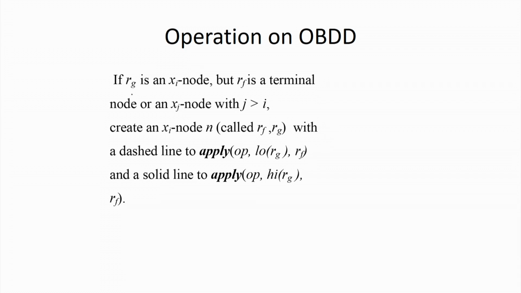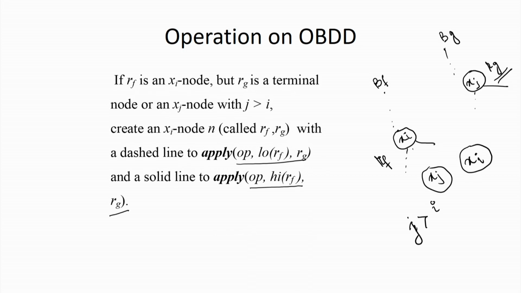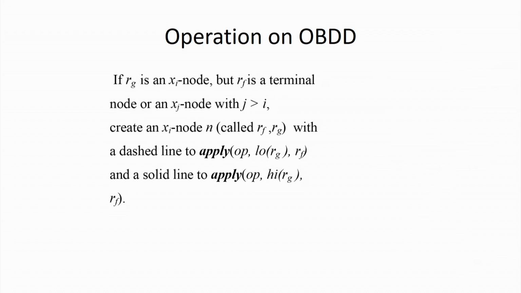So, this is the scenario we have, and this is the reverse of the previous one, where RG is the Xi node and RF is a terminal node or an Xj node. It may be a terminal node or an Xj node, because terminal nodes come far below, in the leaf nodes only. So this scenario is the reverse of the previous one. That means BF is independent of Xi.